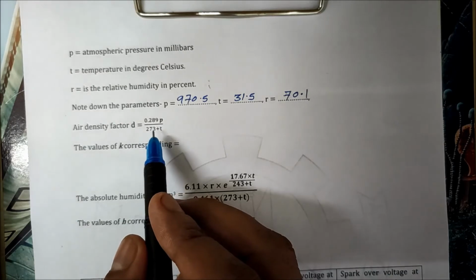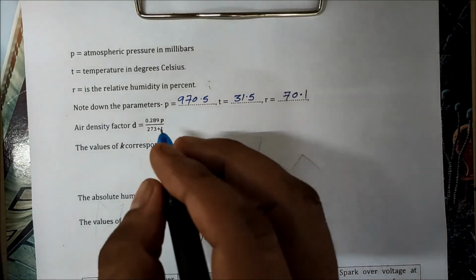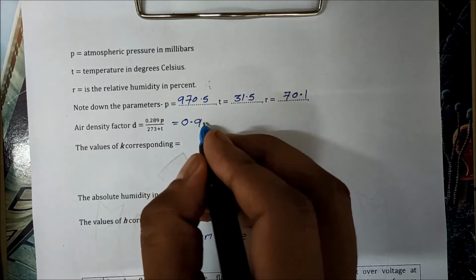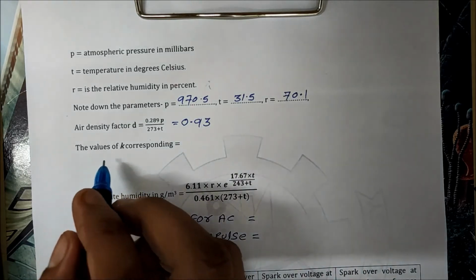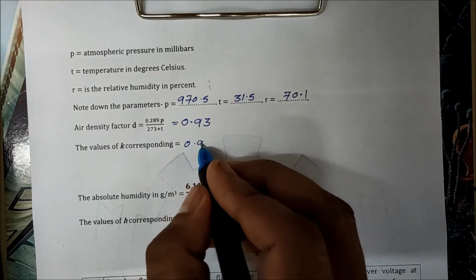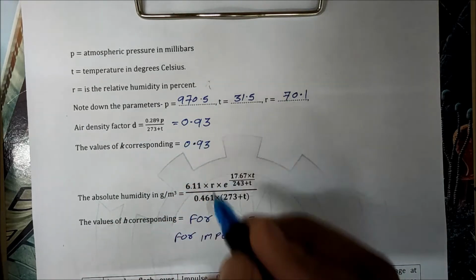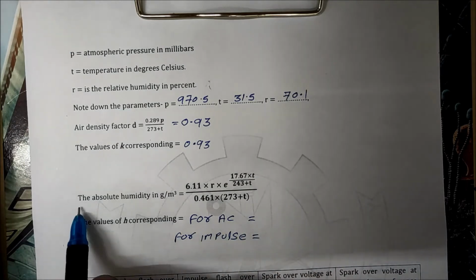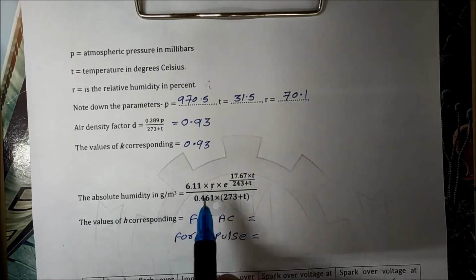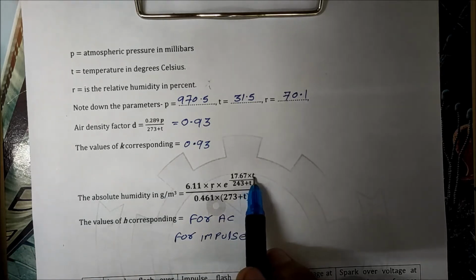Then you can put here, this is the calculation of the air density correction factor, first D, and put here the pressure and the temperature. Then how much value does it come to? It comes 0.93. Then the corresponding value of K is also 0.93. You can see the table. And for the absolute humidity calculation, you put R, the relative humidity, and this is the temperature.